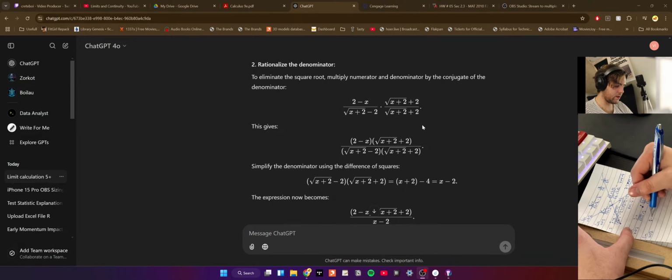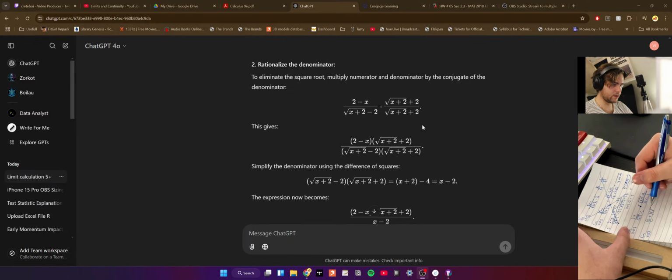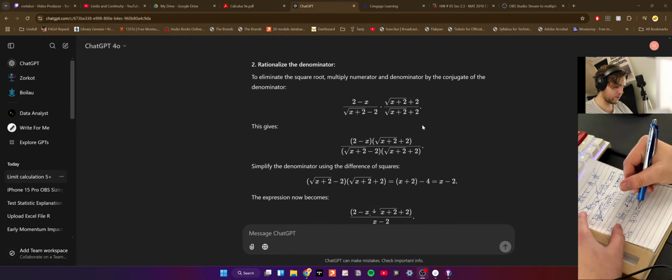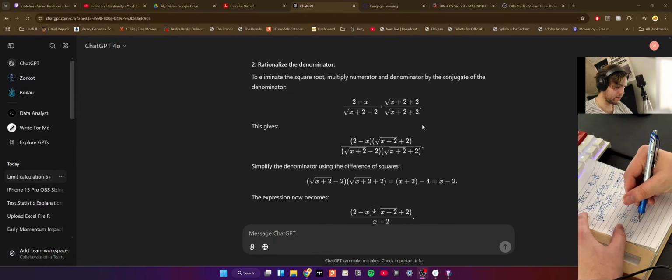We're going to write out what this multiplication will look like, and I'll put that dot there just to make sure that it's clear. Square root of x plus 2 is under that roof, plus 2. And then down here we get square root of x plus 2 multiplied by square root of x plus 2 plus 2.